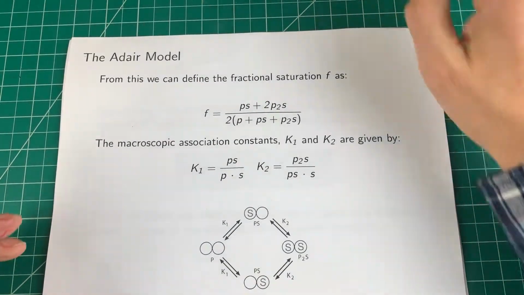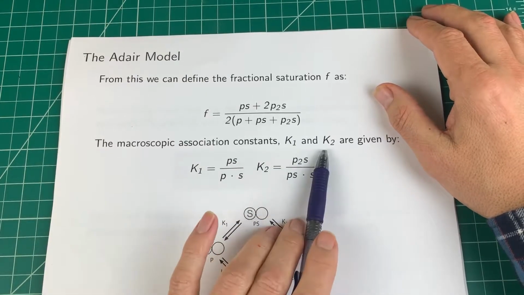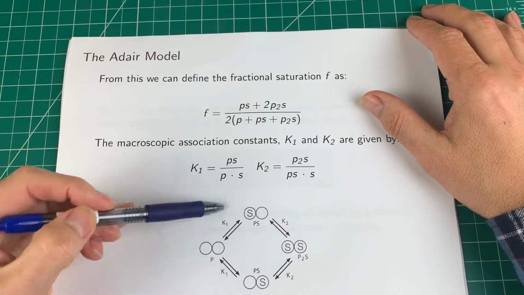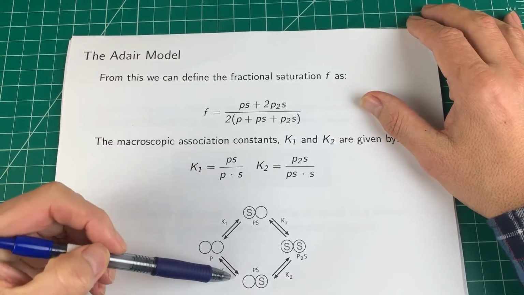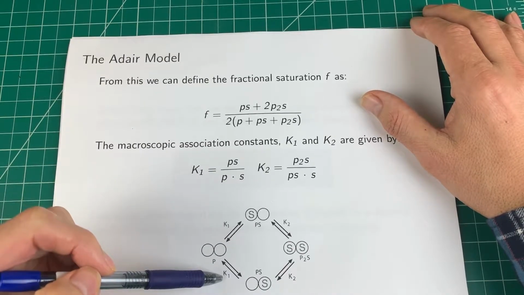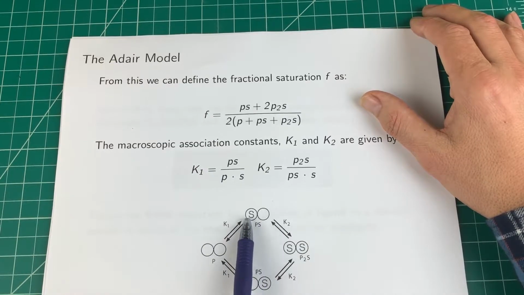Well, we can measure the macroscopic association constants, K1 and K2. One thing I didn't mention on the diagram, on this side we have K1, on this side we have K2. These are the macroscopic association constants. Notice they're equal here because we're assuming that there's no difference between the 2 sites at this point.